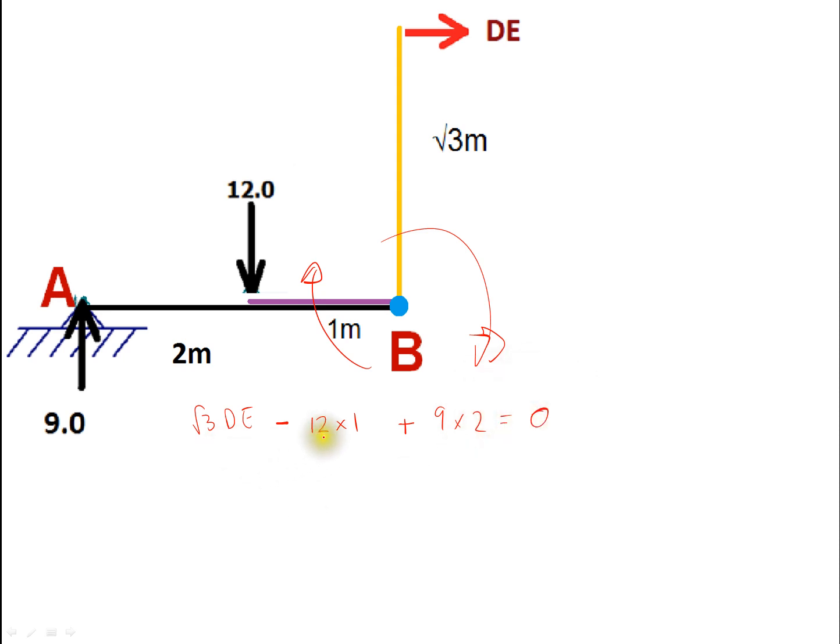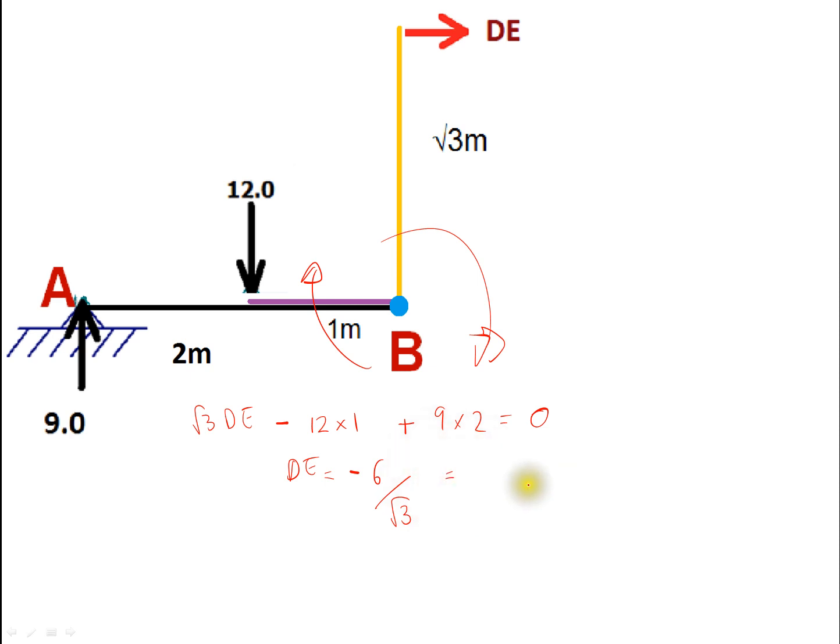So what does that give me? Minus 12 plus 18. Overall, I make that to be 6. So that will be a minus 6 on that side. DE divided by √3.